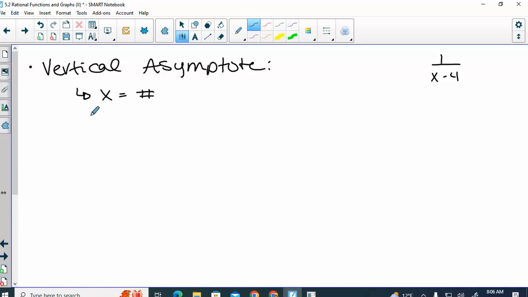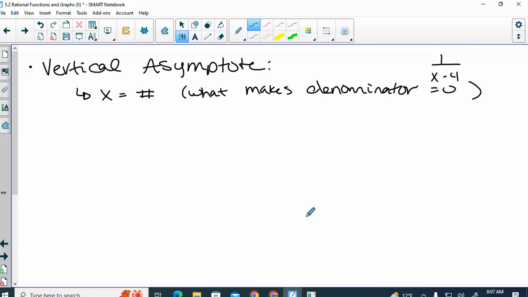So when it's x equals a number, it's transformations, but to find that number, it's what makes the denominator equal 0. Okay, so anytime we are looking at a rational function, a fraction, we have to look at what makes the bottom of that fraction equal 0, and that will be where you have a vertical asymptote.